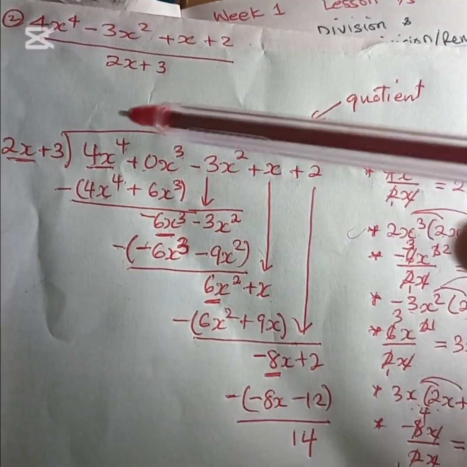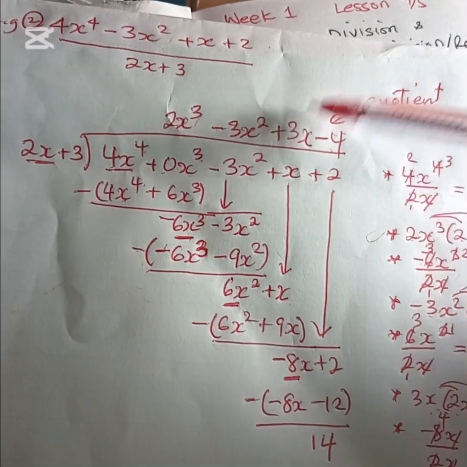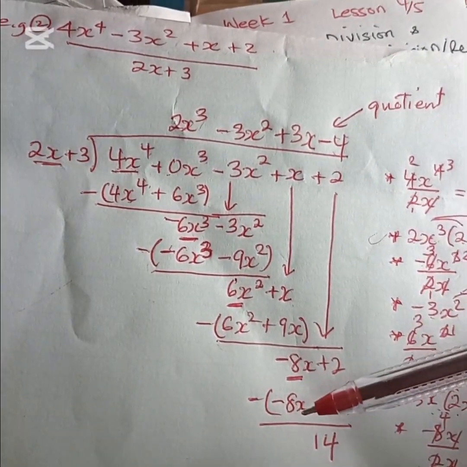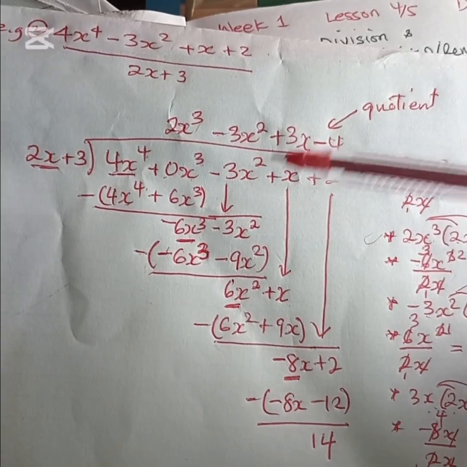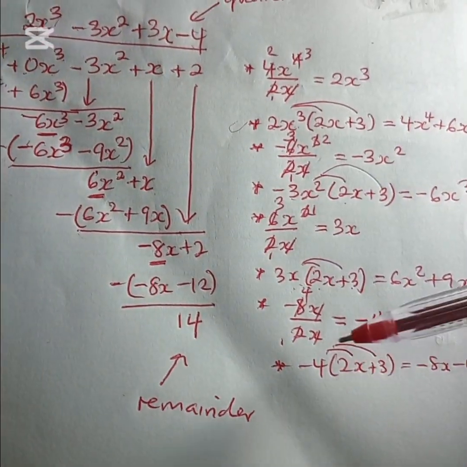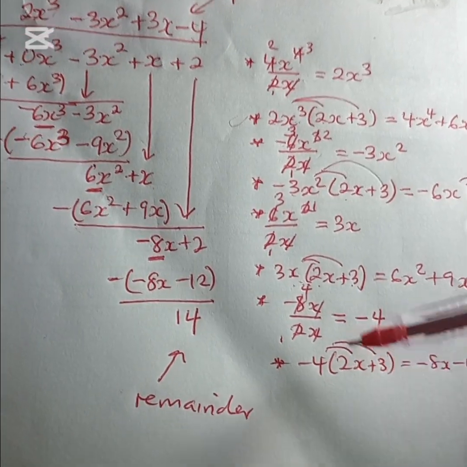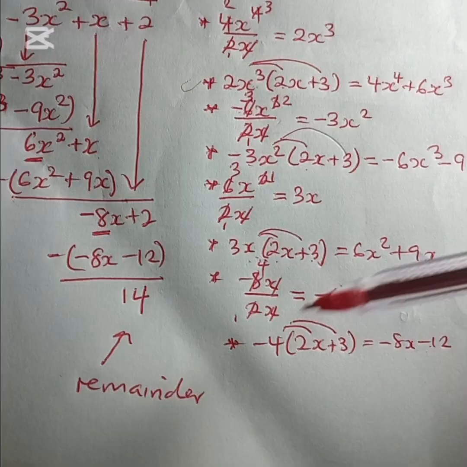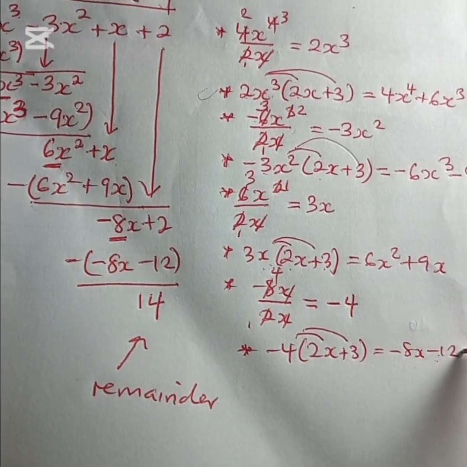And negative 4 times 2x plus 3. Let's write it out here so it's clear. Negative 4 times 2x is negative 8x. Negative 4 times 3 is negative 12.